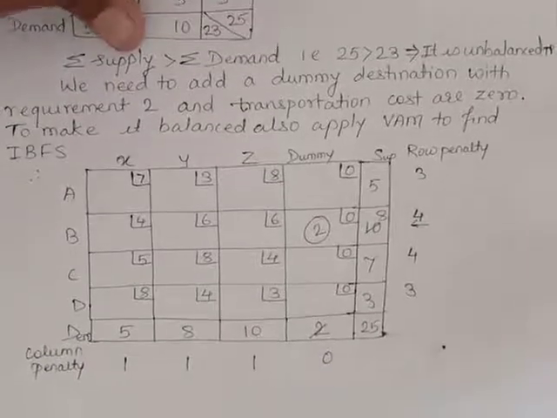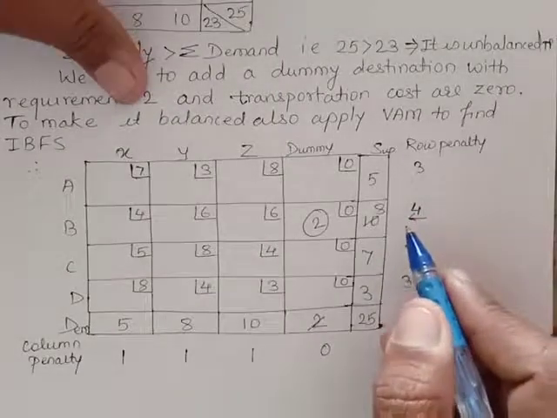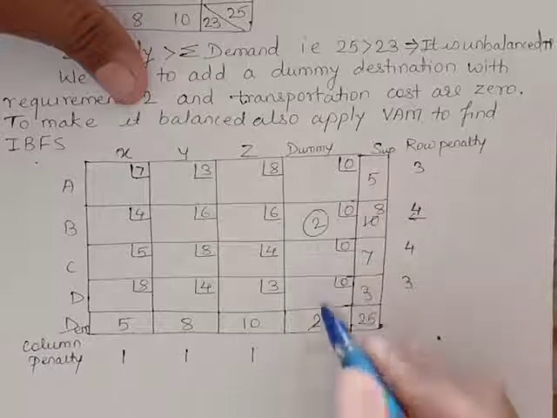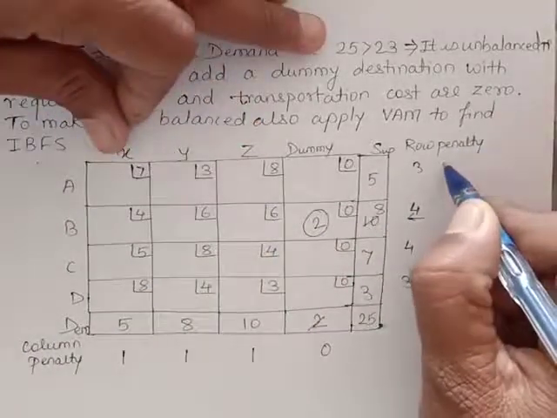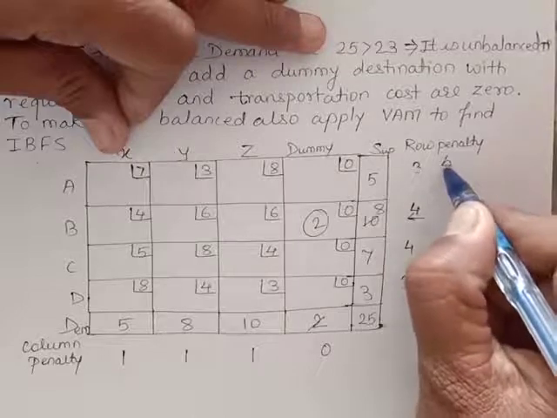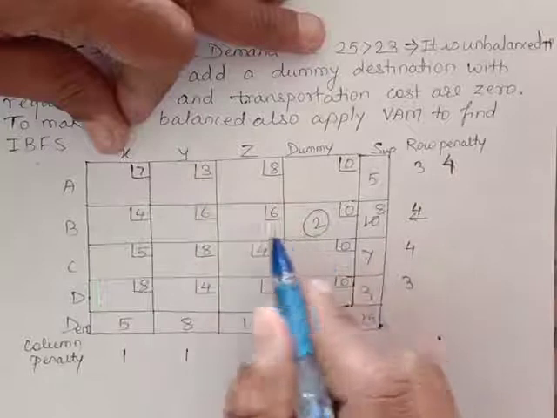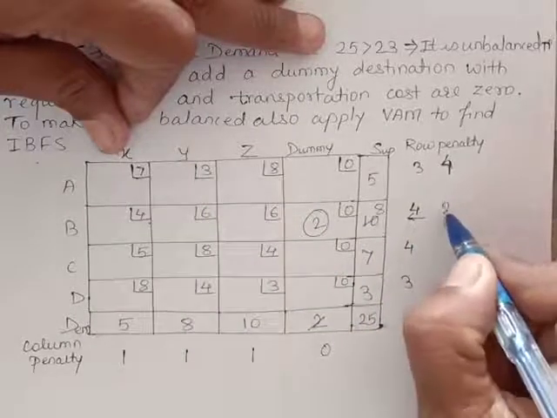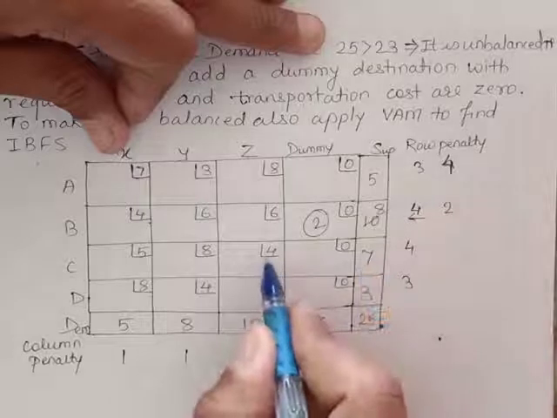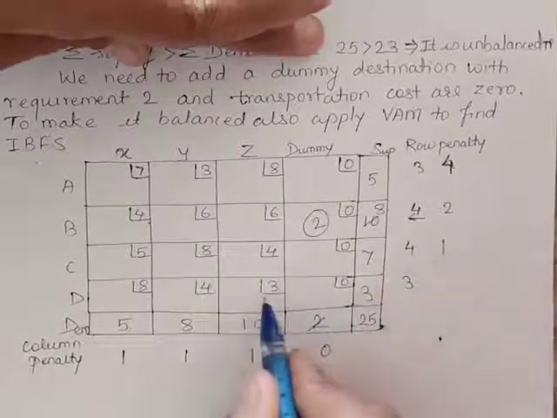Fine. So now here out of the penalties 4 is maximum. Again the column is satisfied, so row penalties are changed again. So here the row penalty is again 4. It's the difference between 3 and 7, 4. Here it will be 2. Here it is 1. Okay. And what about this?